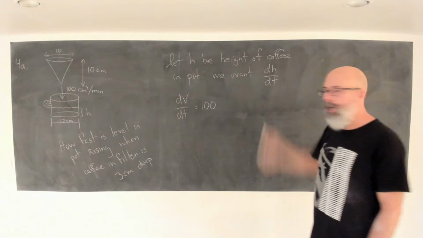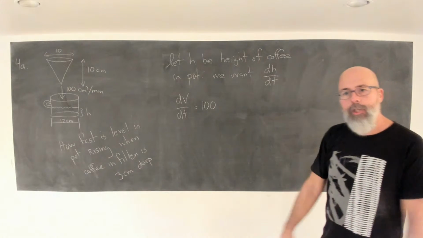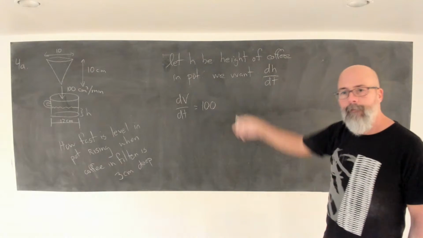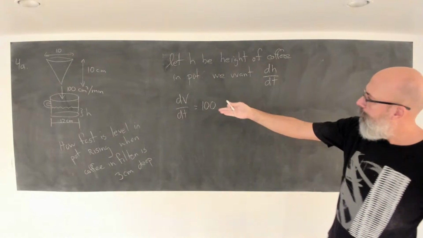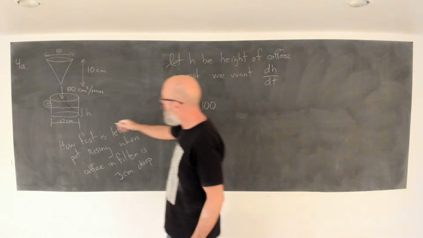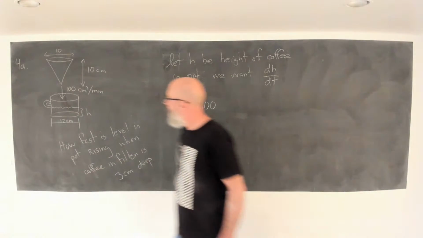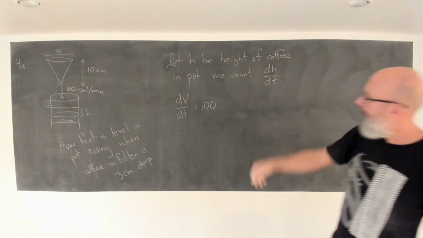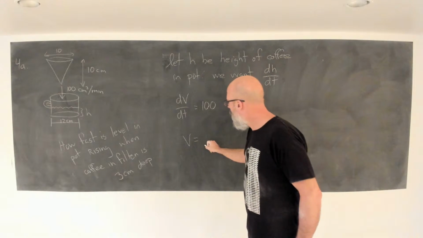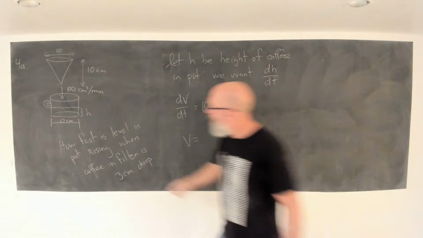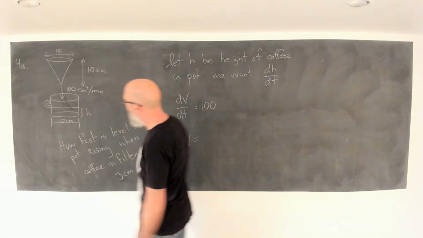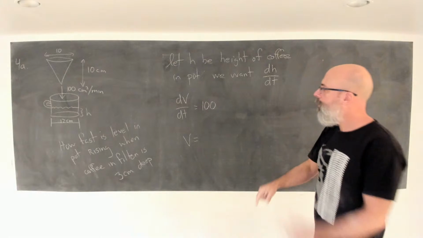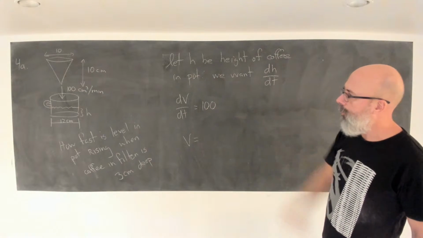We want dh/dt. Is there a relationship between h and V? Well, V is the volume of coffee. What is the volume of coffee? How much coffee do you have if h is the height of coffee? You have a cylinder.